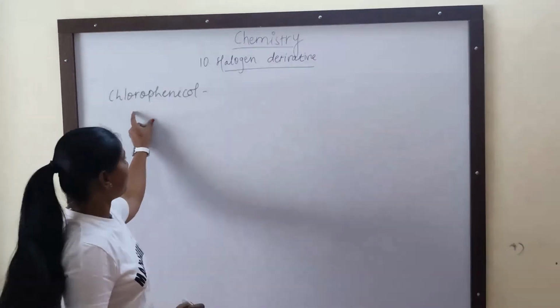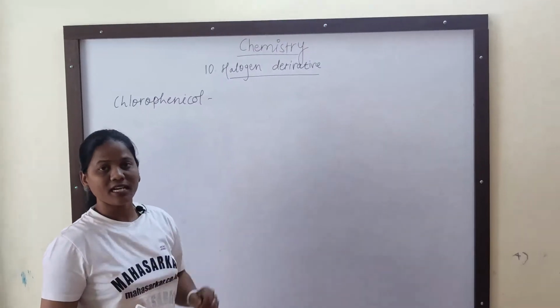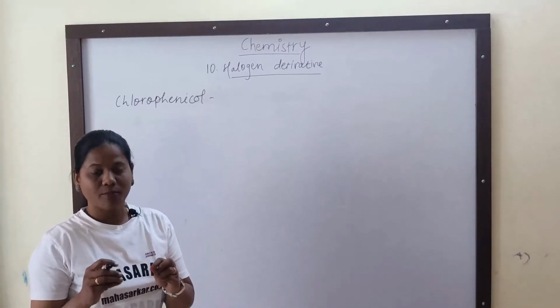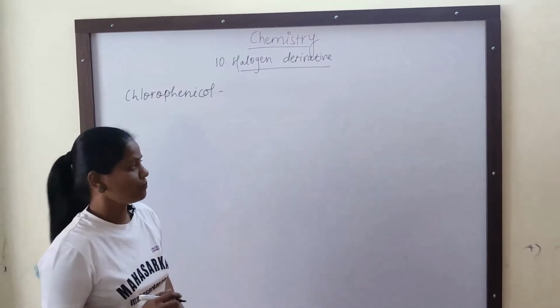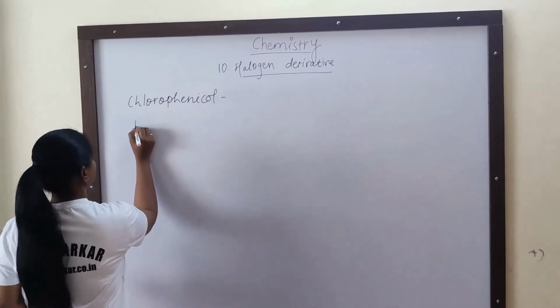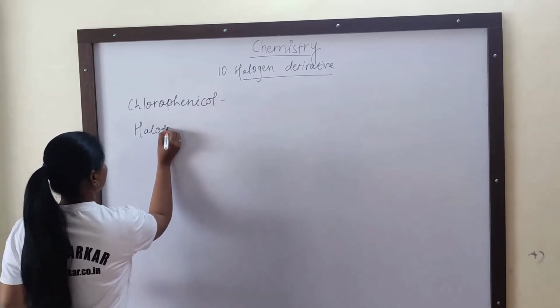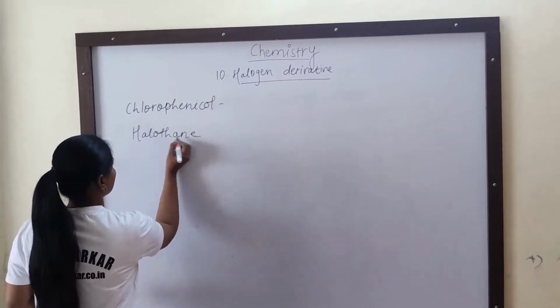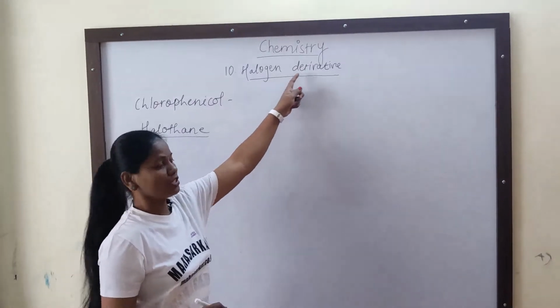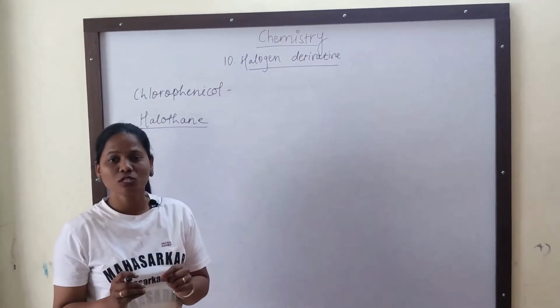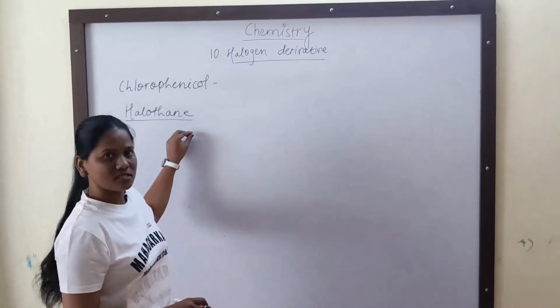This organic compound, which is a halogen derivative, is used as a medicine for the treatment of typhoid fever. Next one is halothane. Halothane is also a halogen derivative compound which can be used as an anesthetic in surgery.